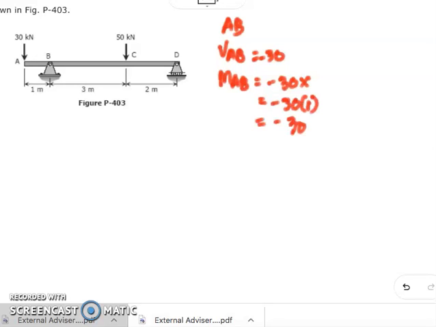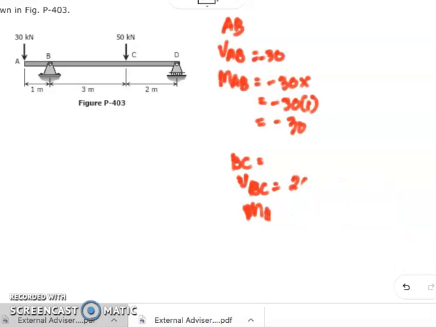Then for member BC, our equation for shear force BC is equal to 26. Then our moment BC is equal to negative 30x plus 56, which is actually equal to positive.